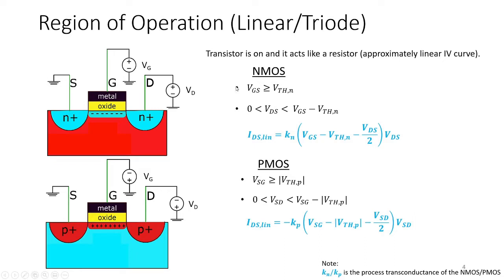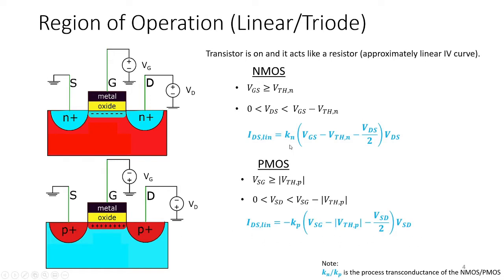If these conditions are true, this region is called the linear or the triode region. The transistor is on and it acts as a resistor, so it's an approximately linear curve, like a resistor. The current for a linear region transistor is defined to be this for an NMOS, and this for a PMOS.